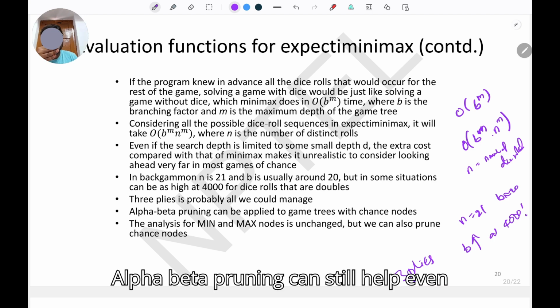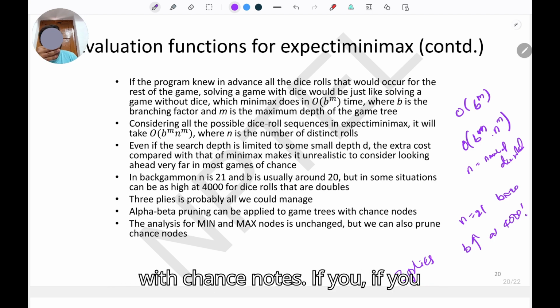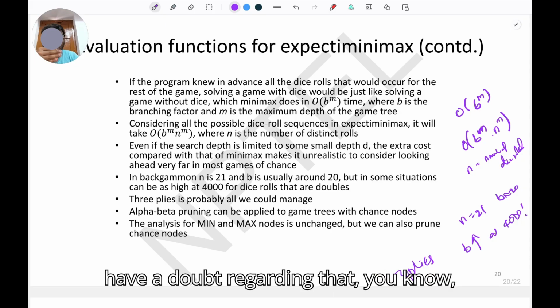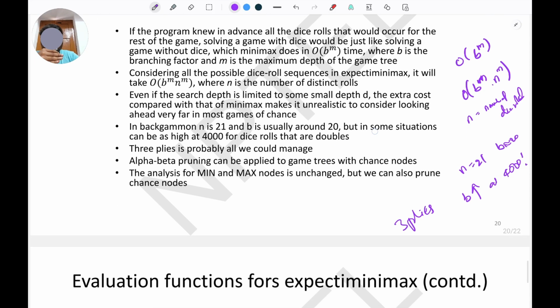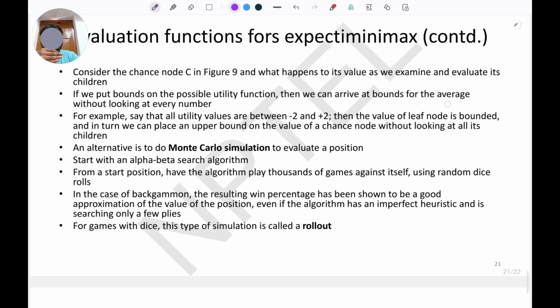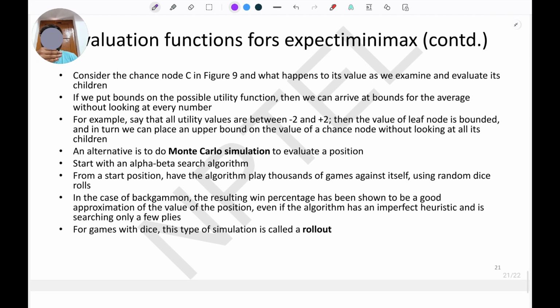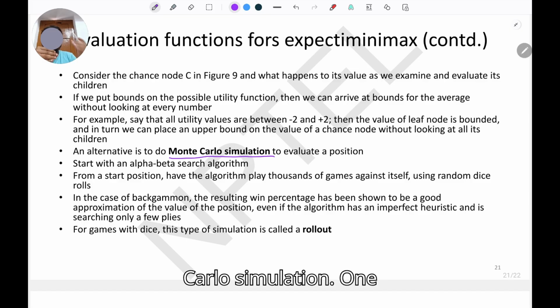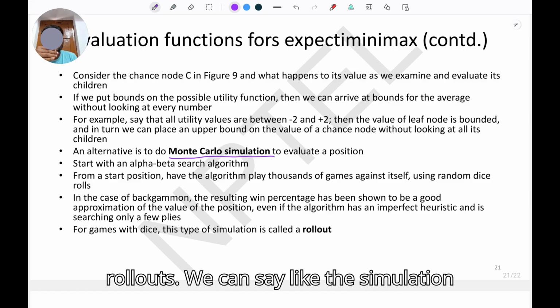Alpha-beta pruning can still help even with chance nodes. And now we have Monte Carlo simulation. One alternative is Monte Carlo rollouts. The simulation is called a rollout.